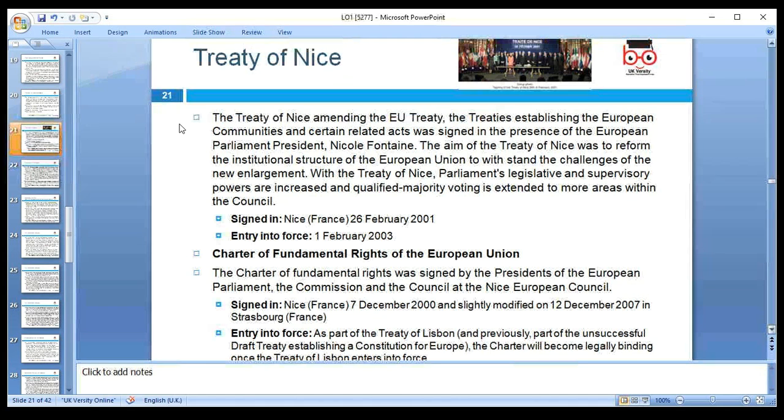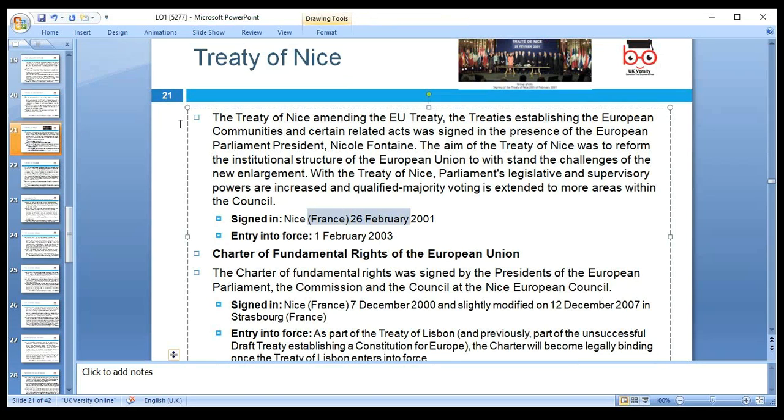Okay, so just keep the key dates in mind. The Treaty of Nice was signed in Nice, in France, on the 26th Feb in 2001. The treaty established that the European Union's certain related acts are signed by the President of the European Union Parliament.